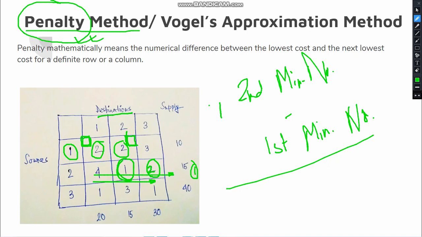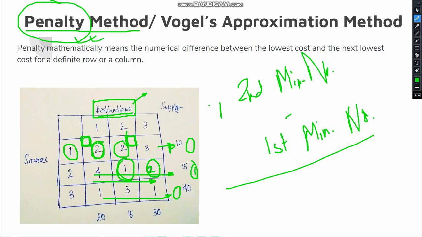When you are transporting some material at the same cost, it means there is no extra burden of cost suffered by the industry. You have a chance to allocate it in the next cell where the transportation cost for the unit material is the same. So here the penalty will be 0. Similarly the penalty will be 0 here also.